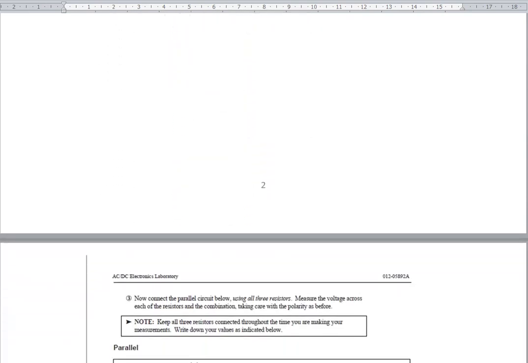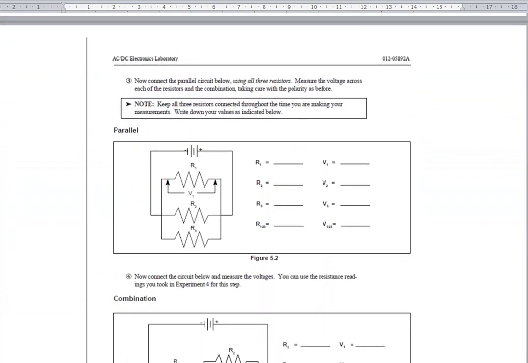Now in figure 5.2, you need to use this circuit diagram, which is for R1, R2, and R3 connected in parallel now. So this is a parallel connection. Again, R1, R2, and R3, the same values, 200 ohm for each, and you need to find R123, V1, V2, V3, and V123, and you need to report this.